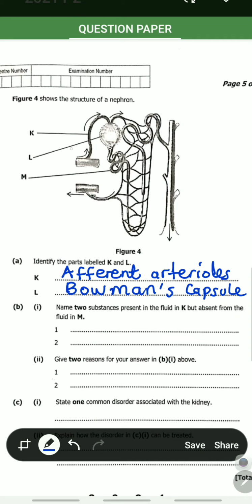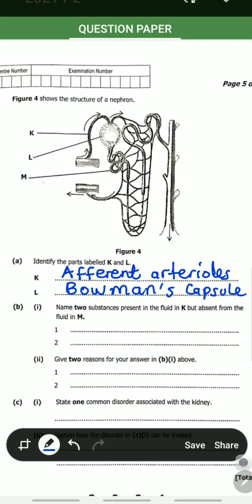Now, if we look at the substances that are found in the fluid that enters this afferent arterioles, we have glucose, we have salts, we have water, we have the blood cells. All these are the substances that pass in the afferent arterioles, leading to the Bowman's capsule.